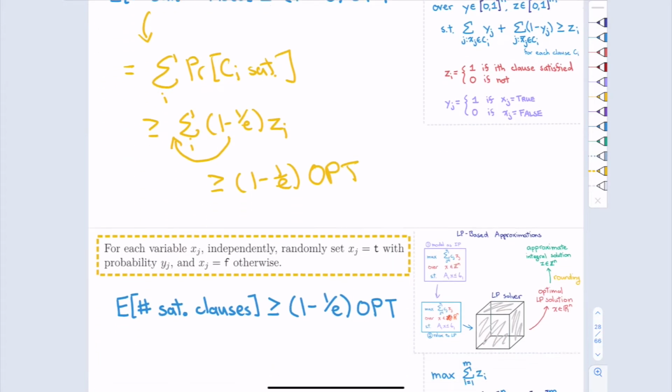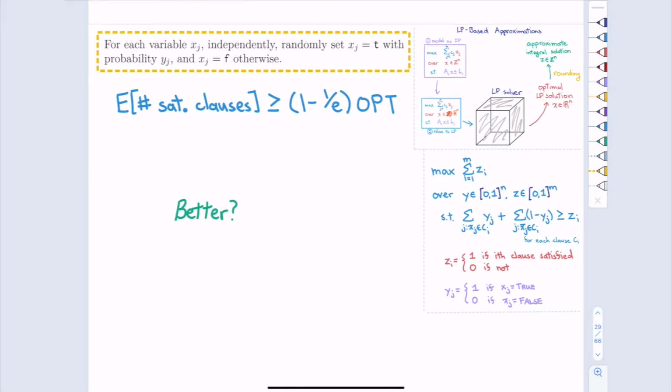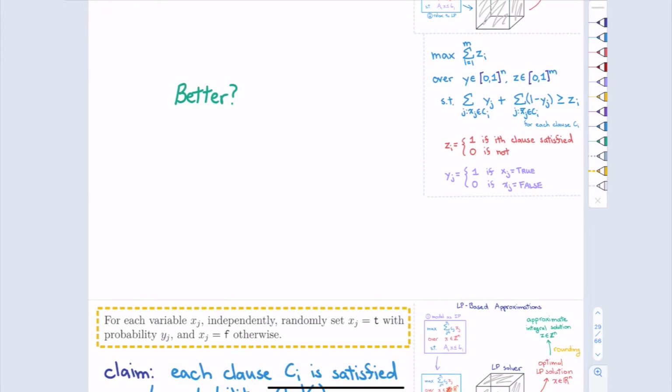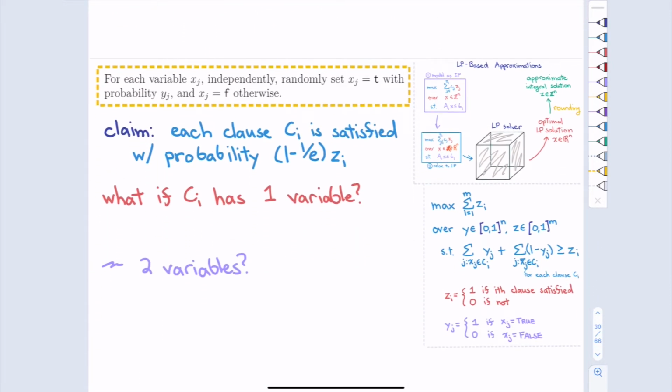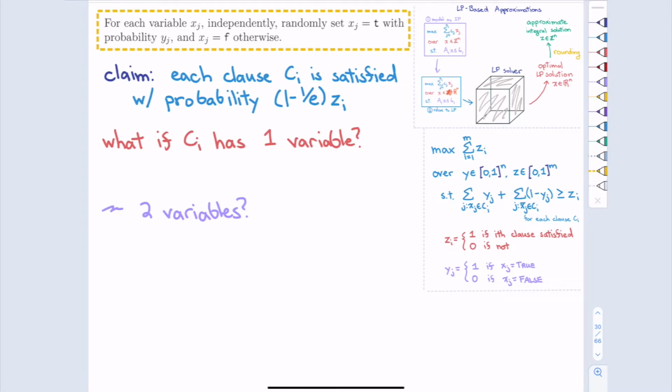All right, so the next fun part is trying to do a little bit better than 1 minus 1 over e. How are we going to do that? We showed that every clause Ci is satisfied with probability 1 minus 1 over e times zi. It was a little clumsy, of course.